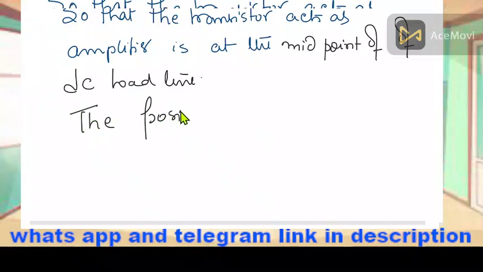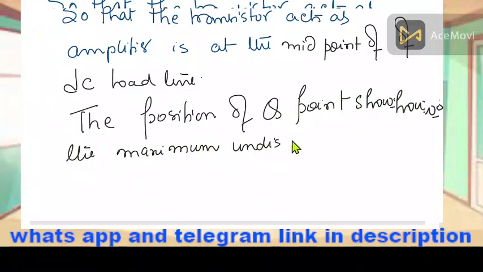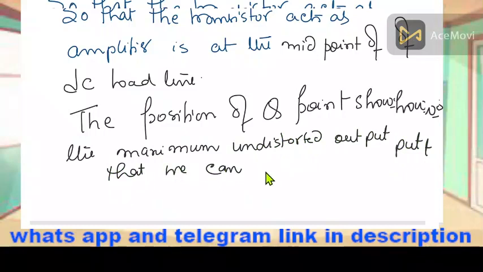The position of the Q point shows the maximum undistorted output that we can get from the circuit.